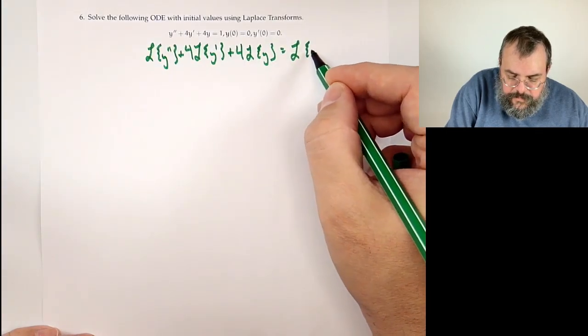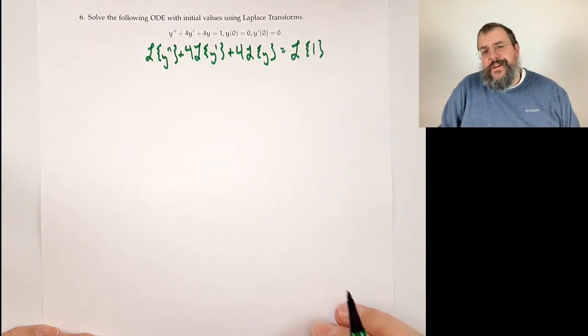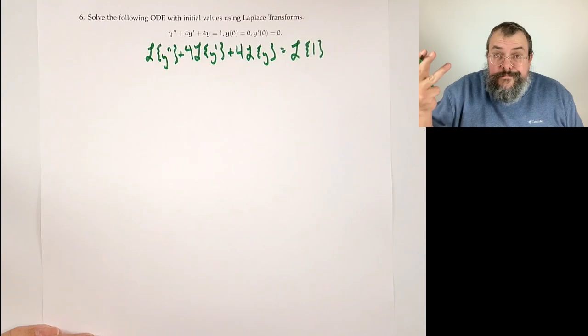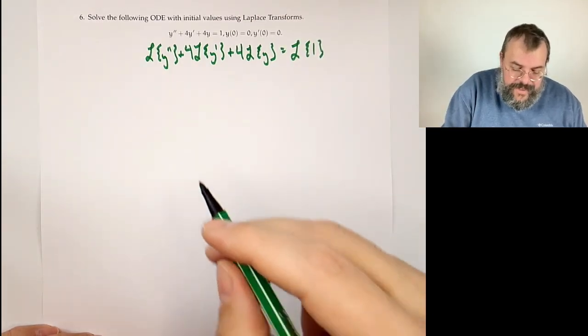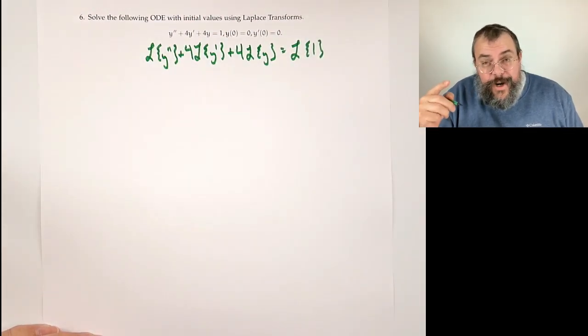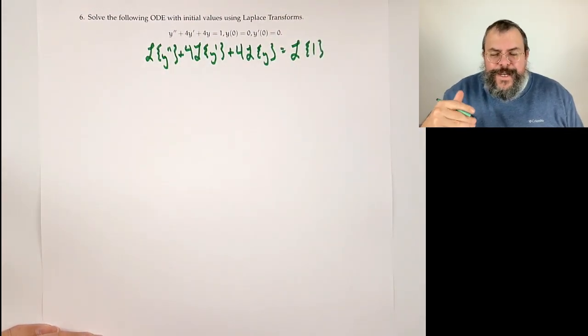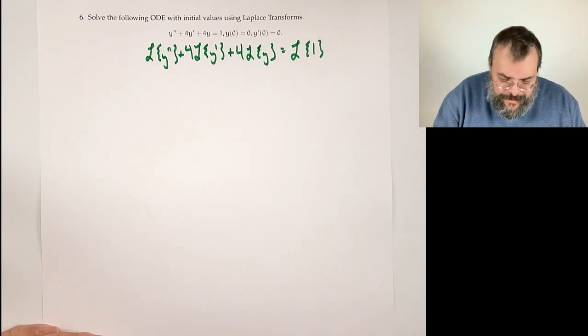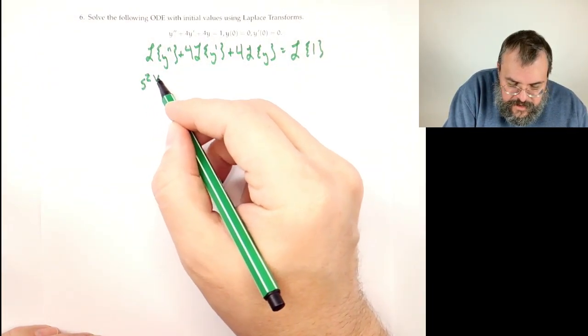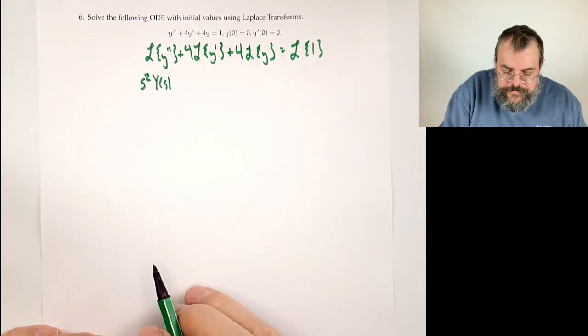Is that going to cause us any problem? No, it's just symbols. We can change x's to y's. This isn't genetics. In genetics, if you change x to y, that can make a big difference. But in math, that's just a symbol. No worries. So s squared y of s.